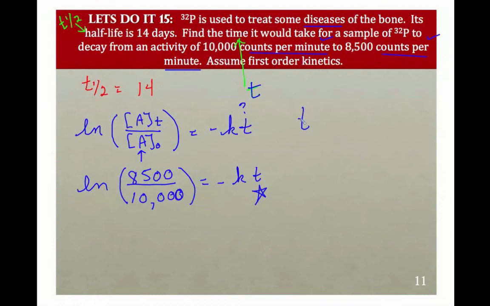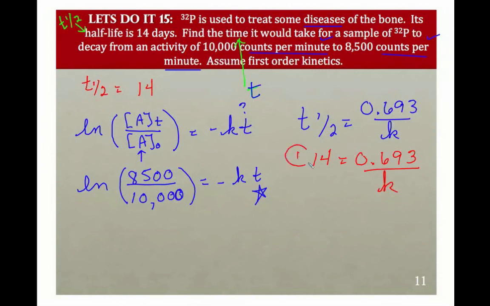Well, that's where our half-life comes into play, because T1/2 is equal to 0.693 over K. And since we know our T1/2 is 14, we can solve this for K. So first, we're going to solve this equation for K, and then we're going to substitute that K in here.